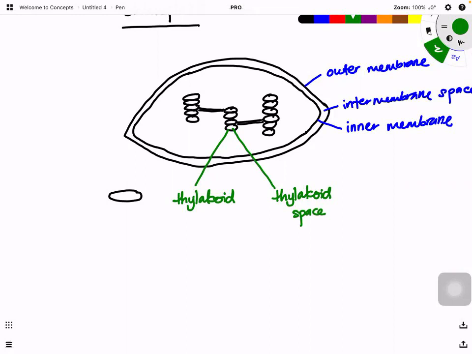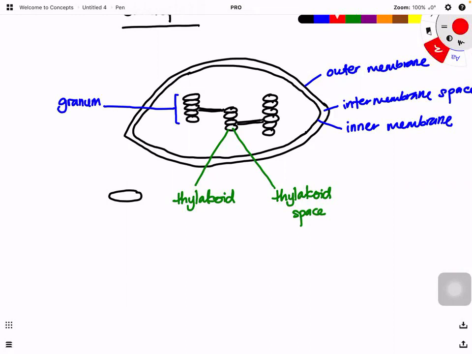Thylakoids stack together to form a granum, plural grana.